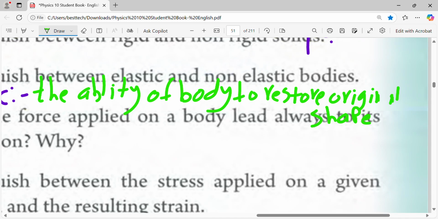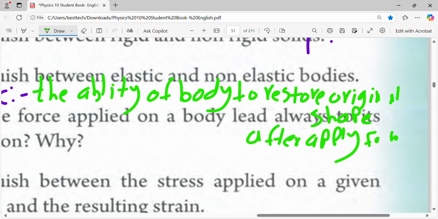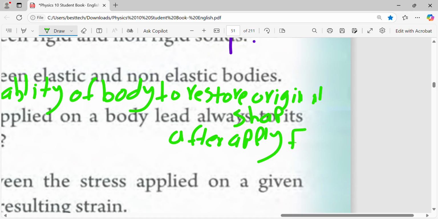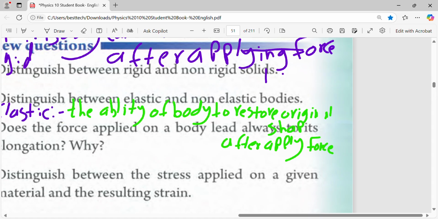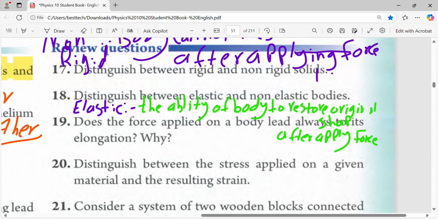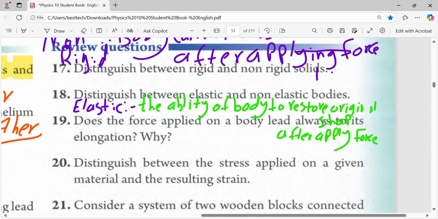After applying force. So look, elastic is the ability of a body to restore its original shape after applying force. What about non-elastic?